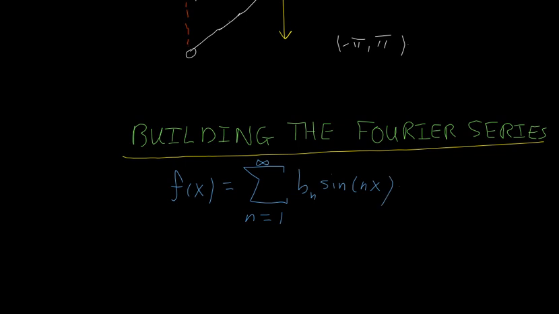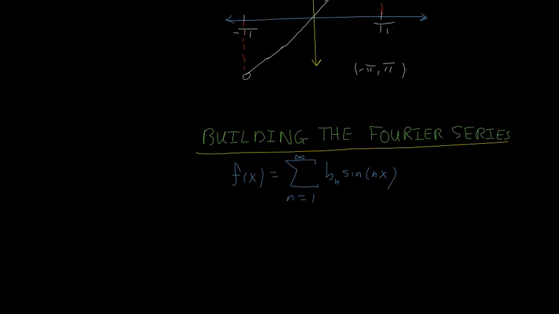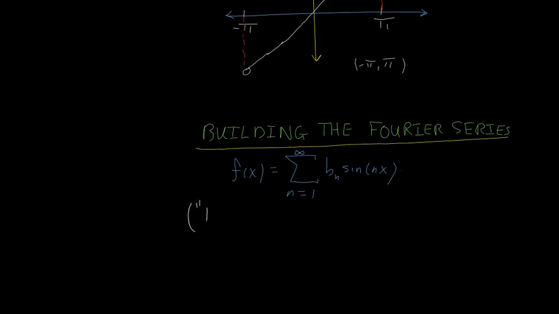This is defined as the Fourier sine series, okay? So this is the Fourier sine series. So, definition. It's good to explain what you're doing on every step. Definition by the Fourier sine series.